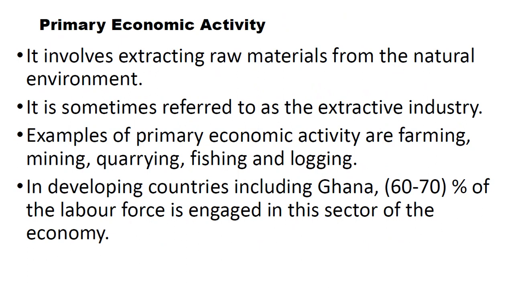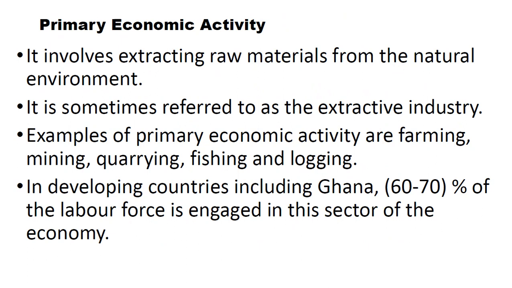If you are a farmer, you are engaging in primary economic activity: growing crops, rearing animals, quarrying, mining, taking mineral ore from the soil, fishing, logging, cutting of timber, and all that. They are all primary economic activities. They are things that directly deal with the natural environment.